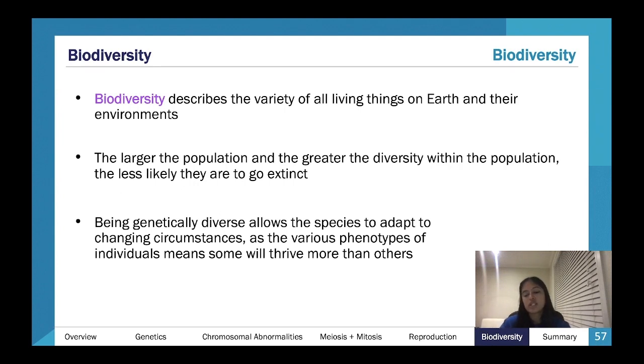If you've got a large population, with organisms that are all suited to different things a little bit more than others, that means that if a disease comes through, if the environment rapidly changes, if a new predator comes, all these sorts of things, because individuals are diverse, you've at least got parts of the population that will be able to survive in whatever circumstances, if that makes sense.